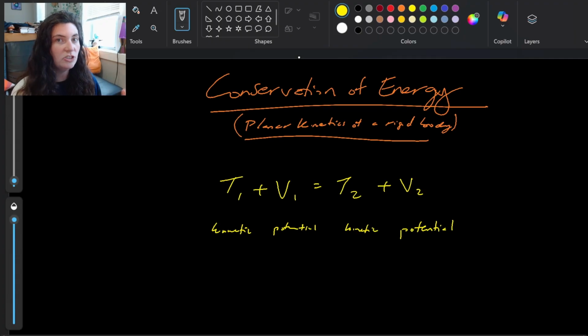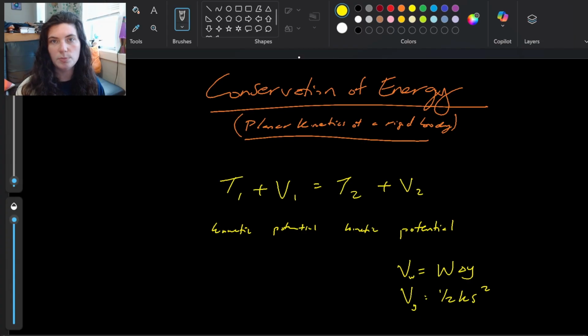And actually, our potential energies aren't even any different for a rigid body. We still only have two things that can cause our potential energies, which is either the gravitational potential energy, and that comes from your weight times delta y, or you could have potential energy from a spring. So this is from weight, this is from a spring, which is 1/2 ks squared.